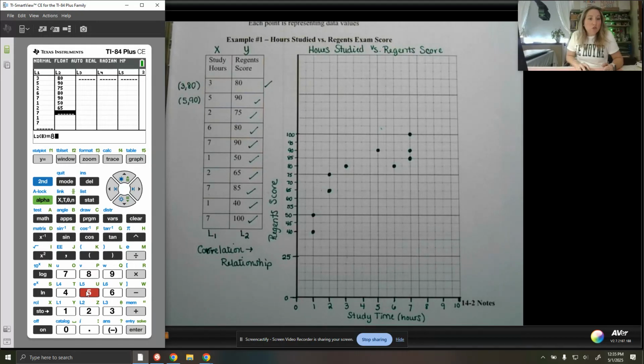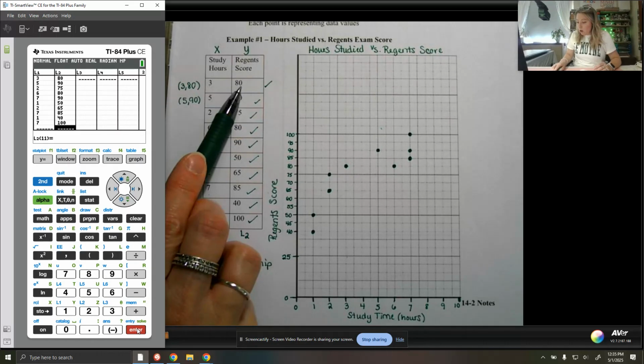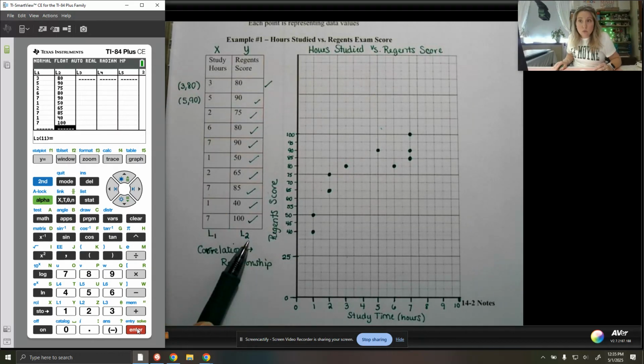So I'm making sure that these points are lining up. You have to have the same number of data points in L1 as in L2 in order to run the pieces that we will run tomorrow, and in order to plot a scatter plot. So notice everything's lined up. I've got all my X values in L1. I've got all my Y values in L2.